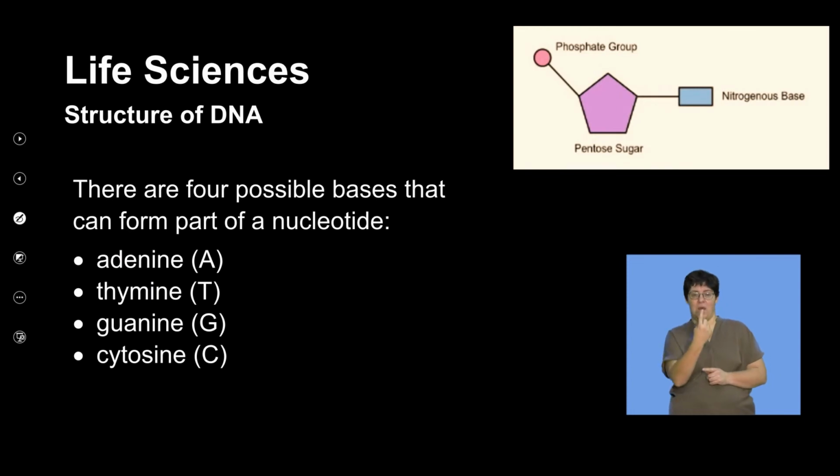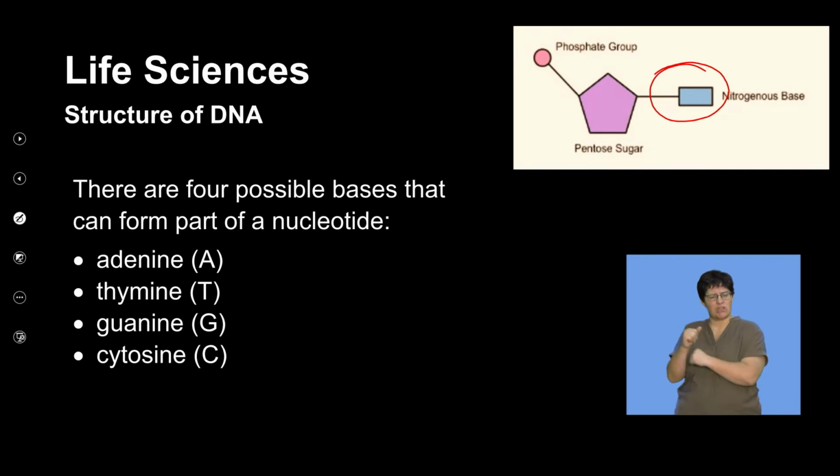Let's move on. When we look at the structure of these nucleotides, it's important that we recognize that there are 4 possible bases that can form part of a nucleotide.